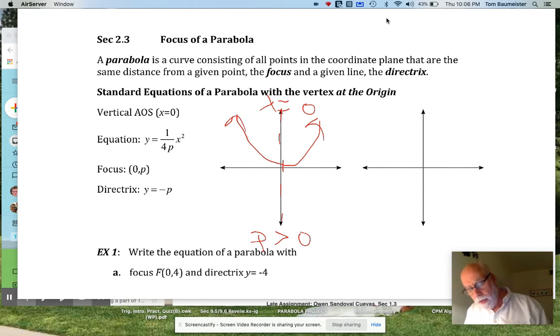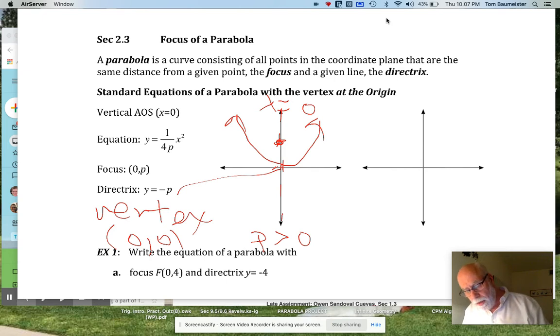All right, so what it is saying is that we're going to have a focus there. So that's our focus. Our vertex in this one is (0, 0), and our focus will be at (0, p).